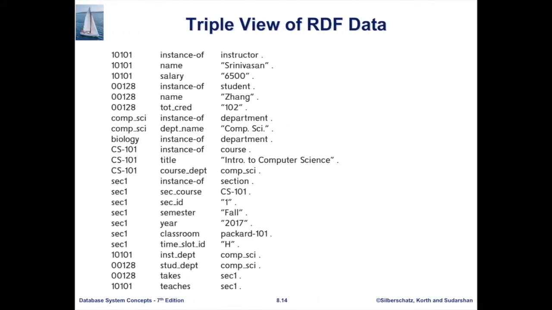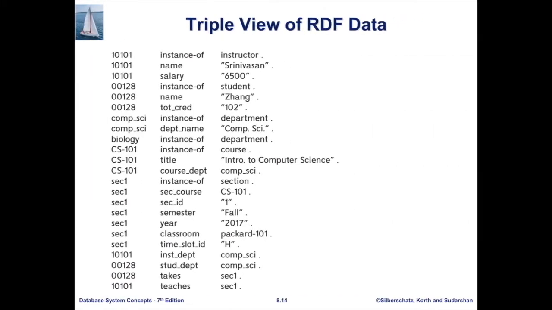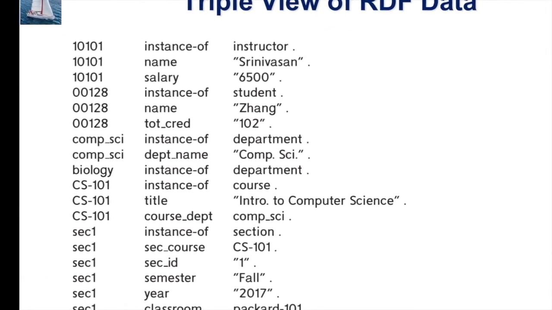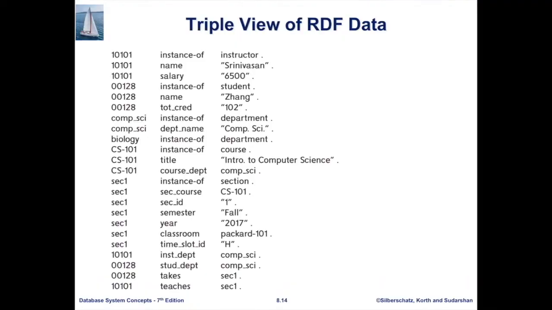Okay? So in this example, you can see na bawat edge doon sa graph natin is here in this triple view of the RDF graph, except for some special triples that specifies that a specific ID is an instance of a certain entity. So for example, 10101 instance of instructor, just to specify that that ID is an instructor ID and so on.